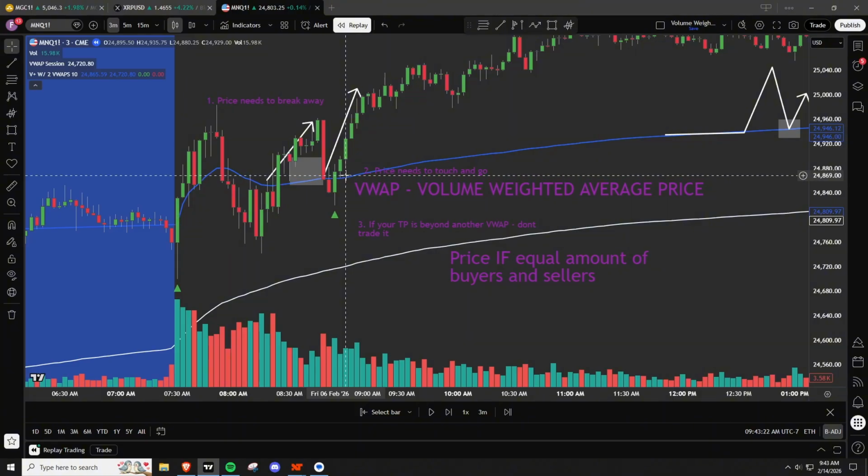There's blue VWAP. In my head, I picture this as the market's open position of all buyers and sellers if there was an equal amount of them. So if there's 1 million people participating in the market right now, there's 500,000 buyers, there's 500,000 sellers. This is where the position is between all of them.